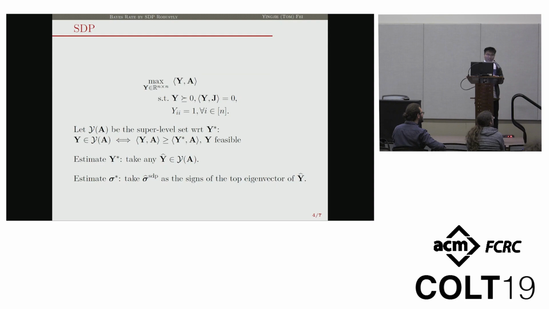The procedure we propose to recover sigma star or Y star is solving this SDP. We try to maximize the inner product between Y and the adjacency matrix A, where Y is an n times n matrix.